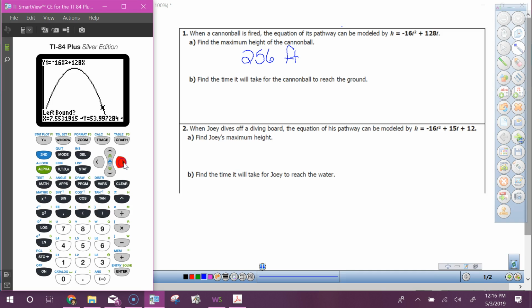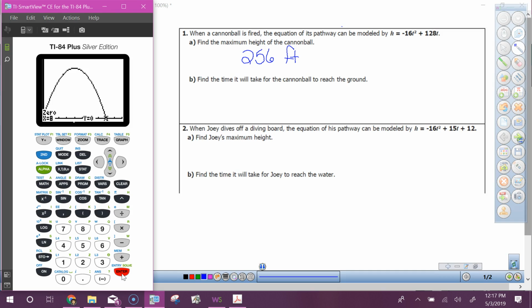If it's above the x-axis, my y numbers will be positive. And I hit enter. My right bound has to be underneath it, so those numbers will be negative. And hit enter. And then my guess will be in the middle.